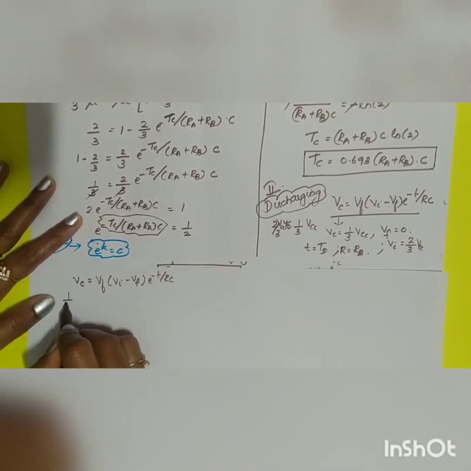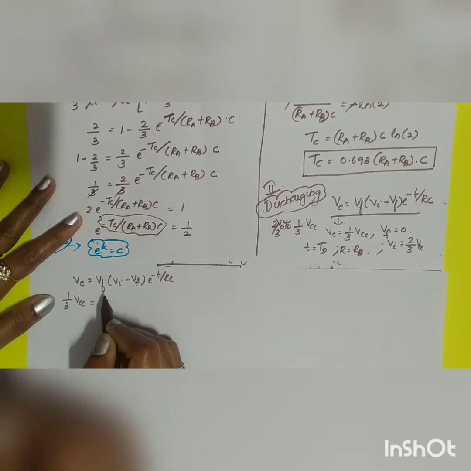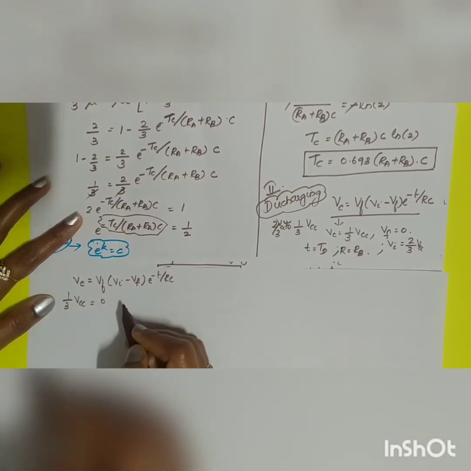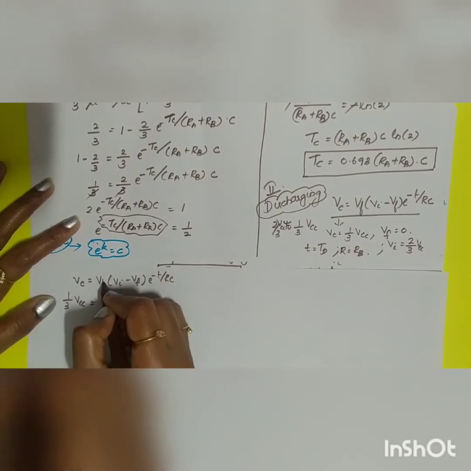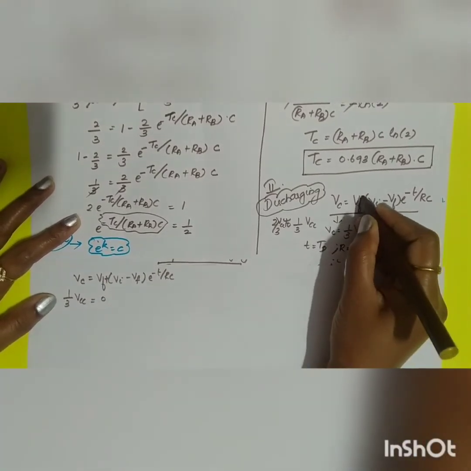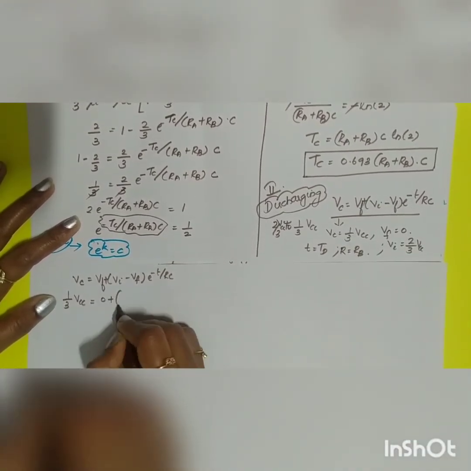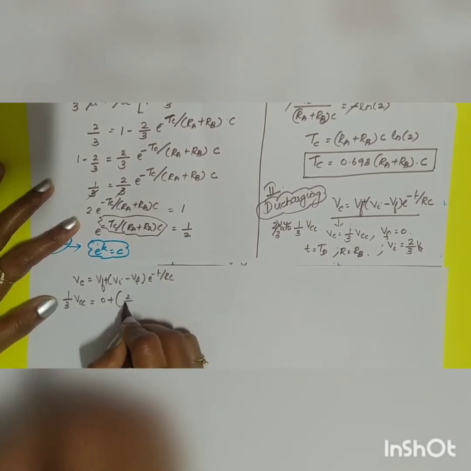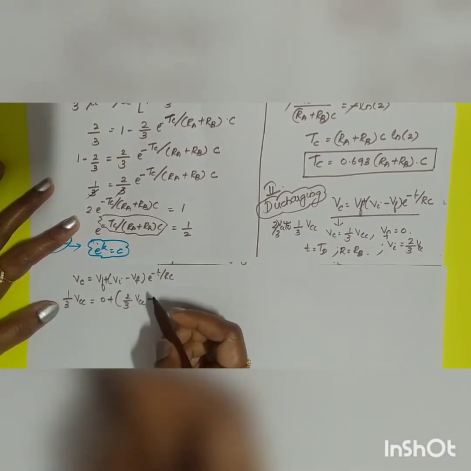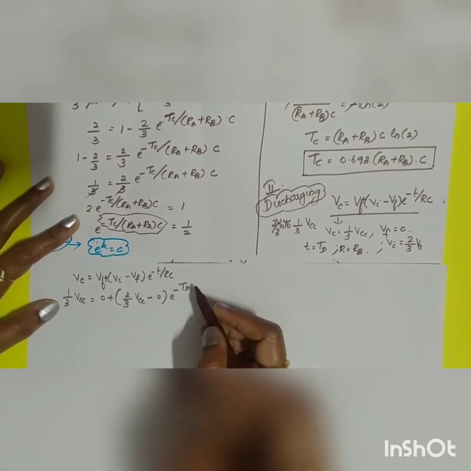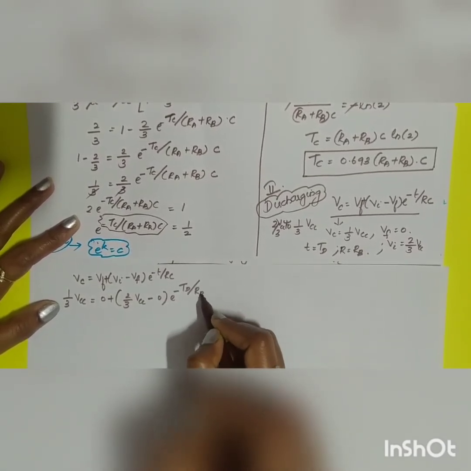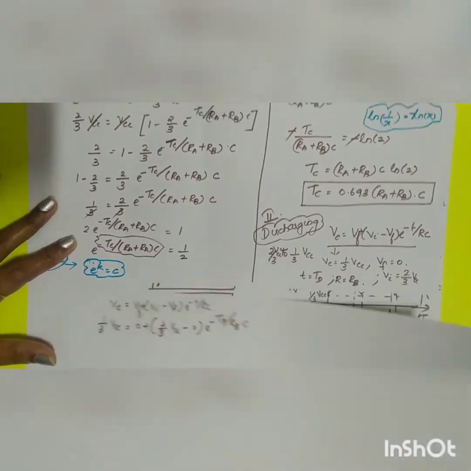Vc is equal to 1 by 3 Vcc, Vf is equal to 0, plus, what is your Vi? Vi is equal to 2 by 3 Vcc minus, what is your Vf? Again 0, into e power minus t will be replaced by Td, and R will be replaced by Rb into C.